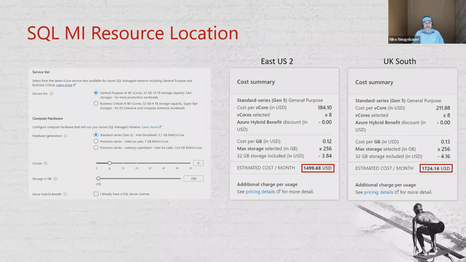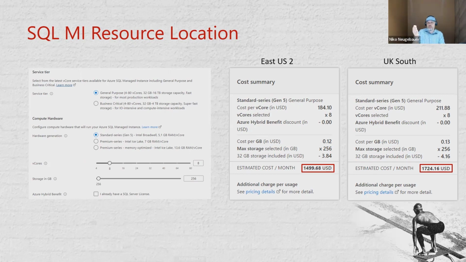So, resource location. I made this example today. I went into our portal and selected two different regions. This is just an example, and your results will vary depending on the regions and other criteria. But here we go. I am provisioning a General Purpose Standard Series instance with just 8 vCores and 256 gigs. I mean, out of the box, I didn't play a lot with it.